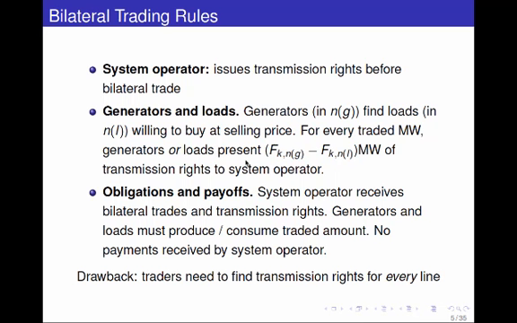So I'm generator G, I'm located in area N of G, I'm injecting PG, and I'm selling to a bunch of different buyers in this network, and there's a hub. So I'm selling SG1 here, SG2 here, and so on.